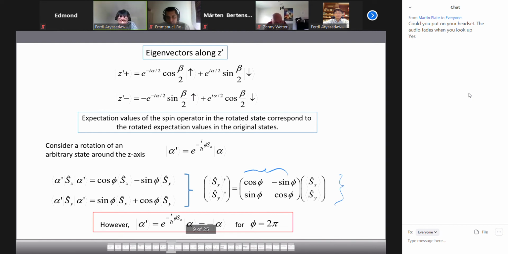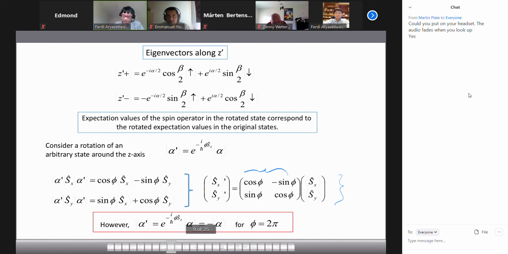However, if we look at the spin state itself, it has a kind of peculiar property in that if we make a rotation by 2 pi, the state does not return to itself. It acquires a minus sign.